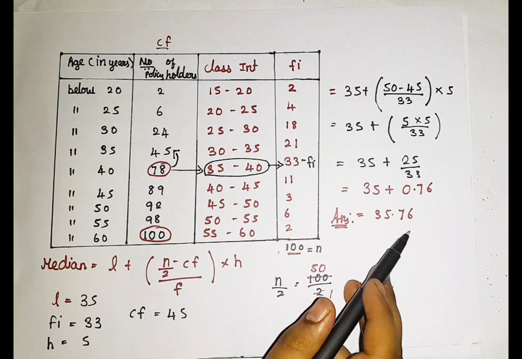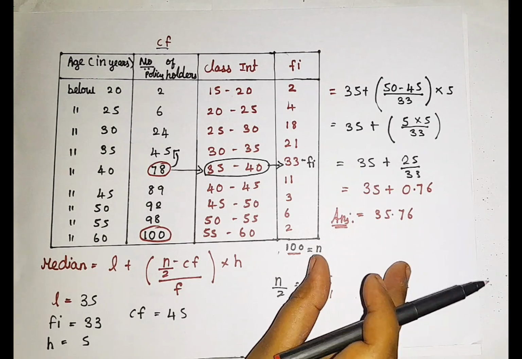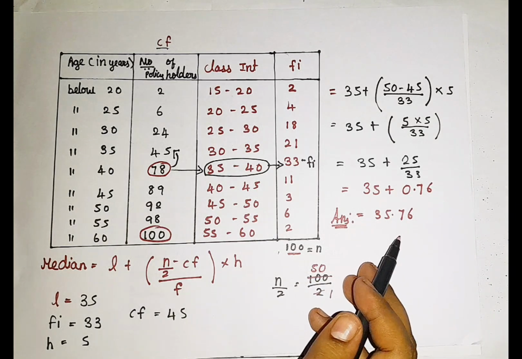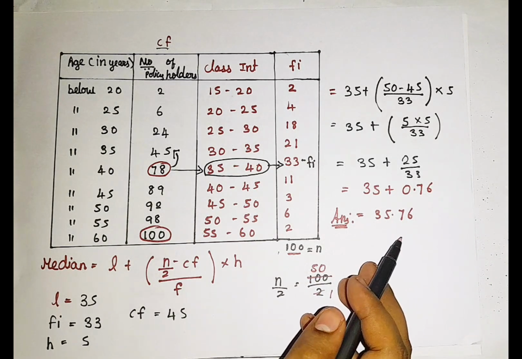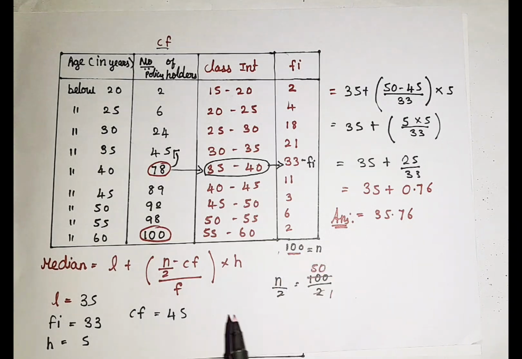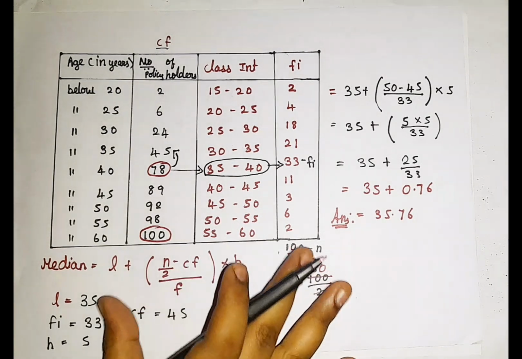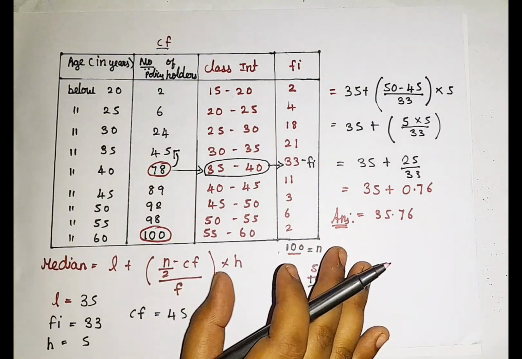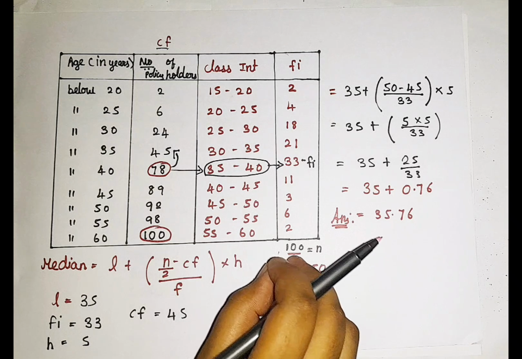So likewise we are just predicting it. So don't get confused just because of these points and all. So finally we got the answer. This was a new sum, isn't it? I mean, it was somewhat twisted from the rest of the sums. So I hope you guys understood this.